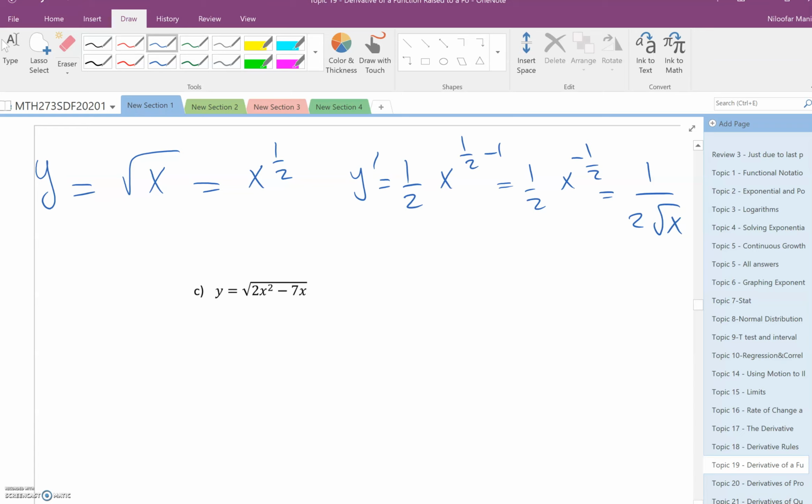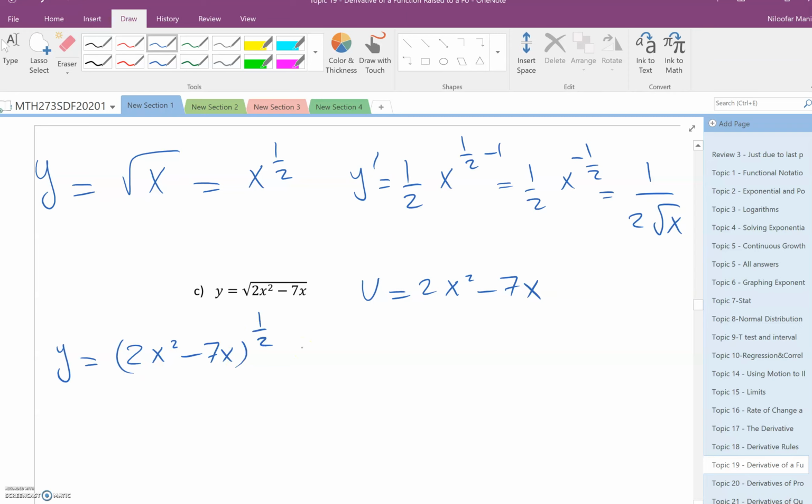I have something else. So I have u. U is 2x squared minus 7x. Okay, so I do y equal 2x squared minus 7x power 1 over 2.